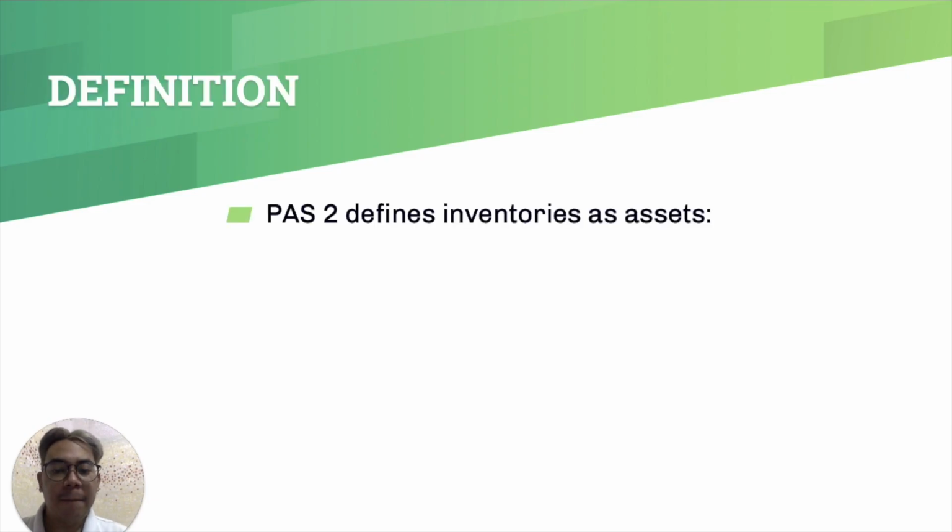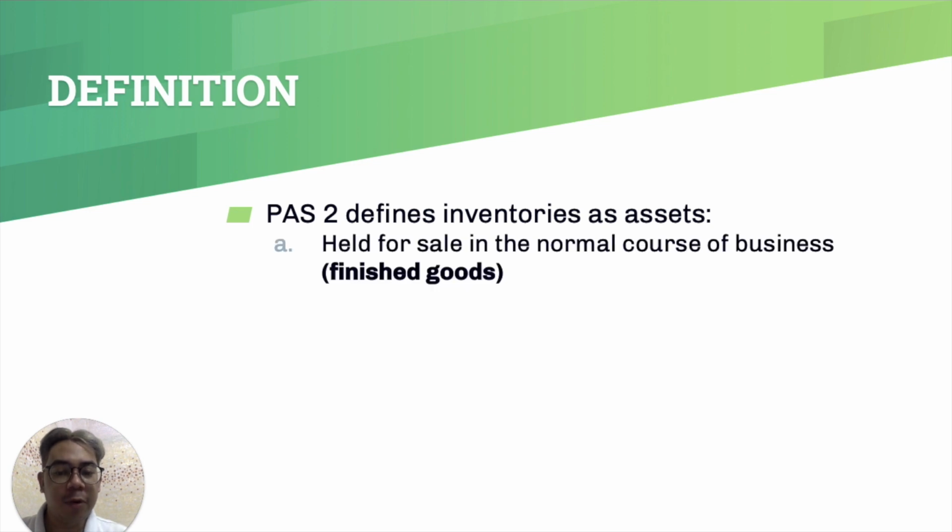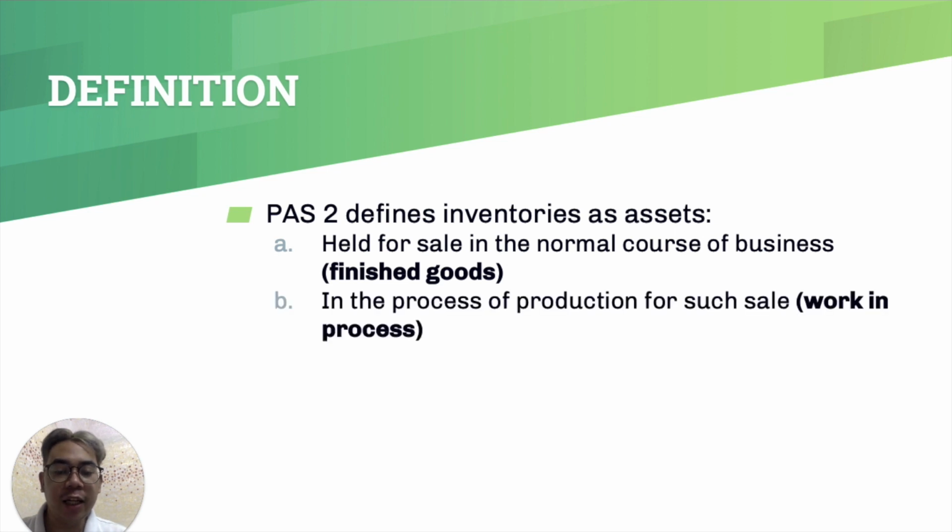So for the definition, PAS 2 defines inventories as assets, number 1, held for sale in the normal course of business. Ito yung mga inventories that are ready to be sold or what we call the finished goods inventory. Under this definition also is number 2, yung mga in the process of production for such sale.